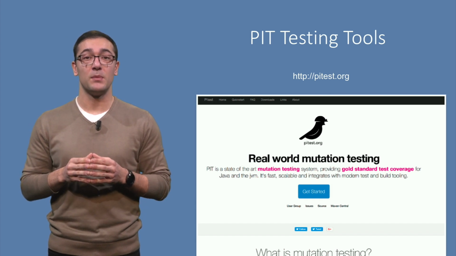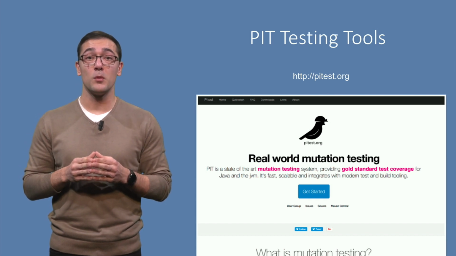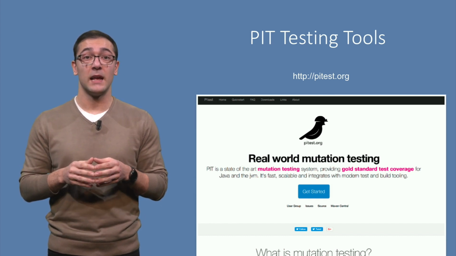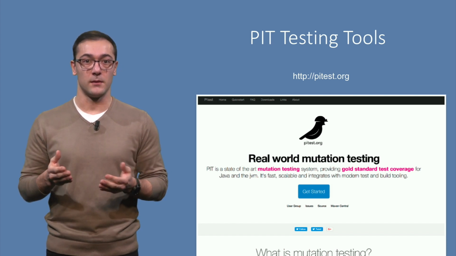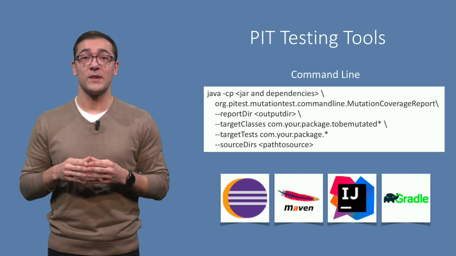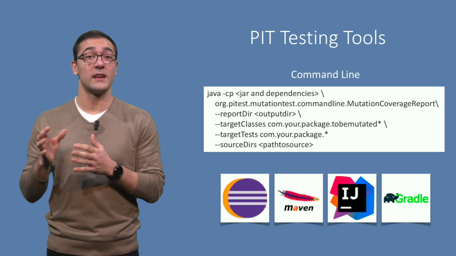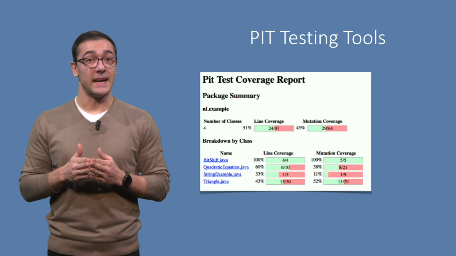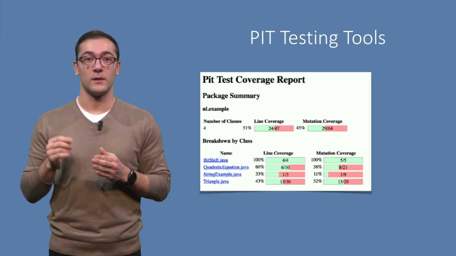PIT testing can be launched via command line, but is also integrated into most popular IDEs like Eclipse or IntelliJ, in Maven and in Gradle. PIT testing also provides the test execution report with the mutation score for each class. Besides, it also allows you to inspect the source code and the mutants.